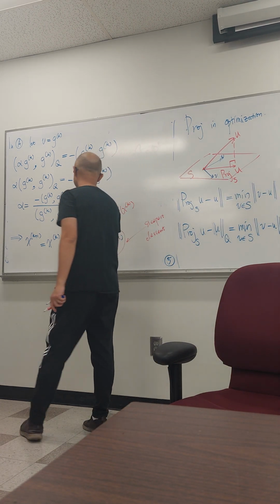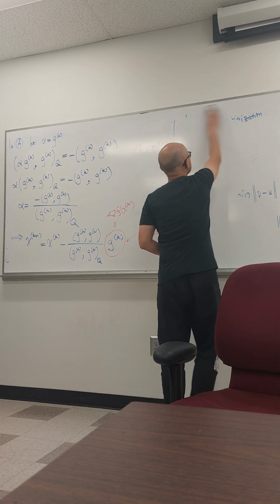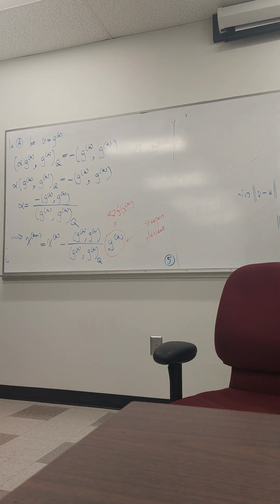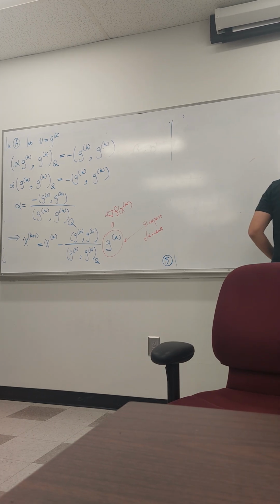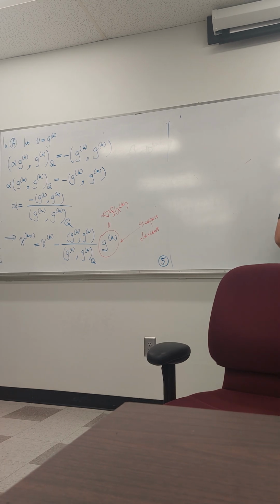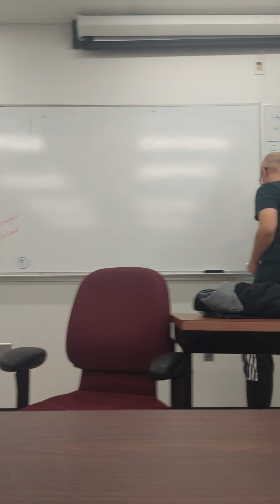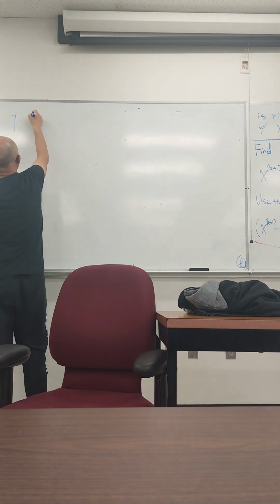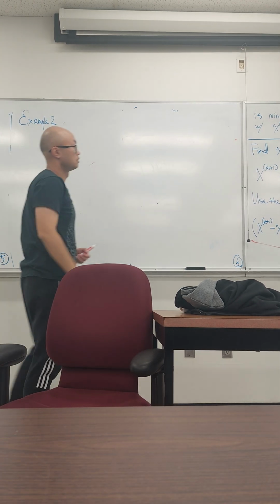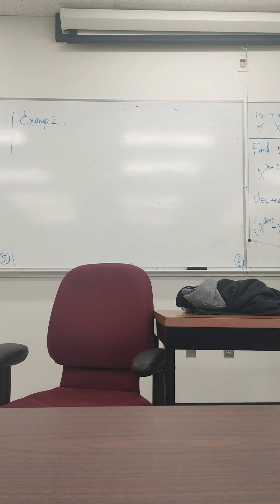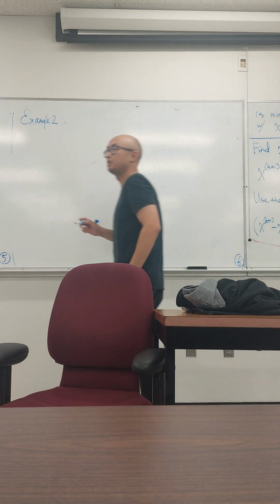So now let's look at example 2. When the search subspace has dimension 1, we recover steepest descent.